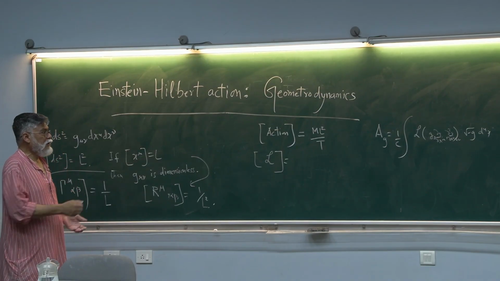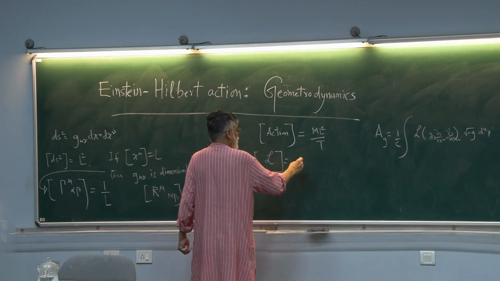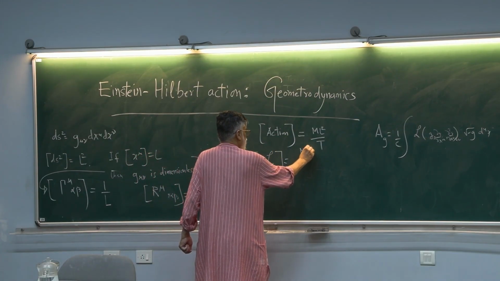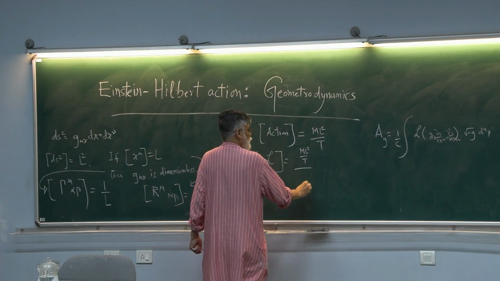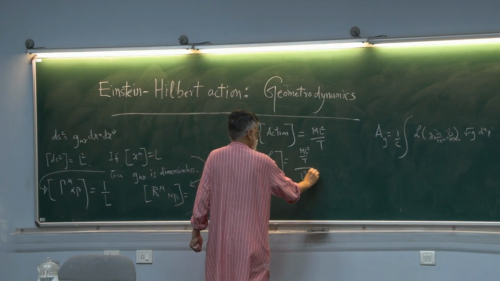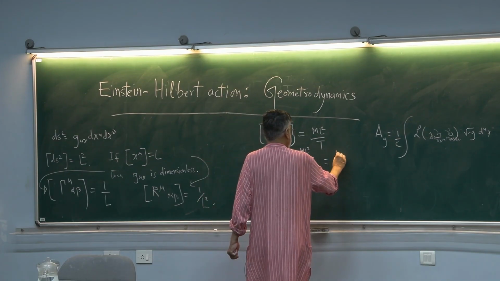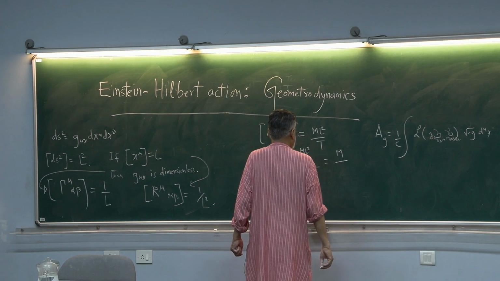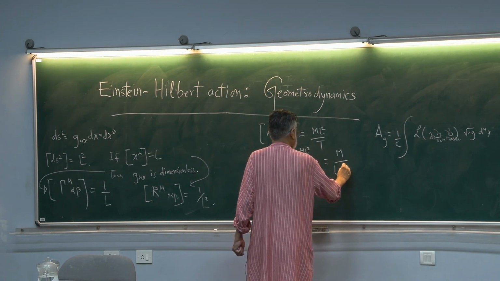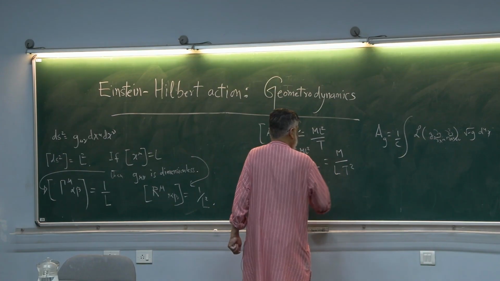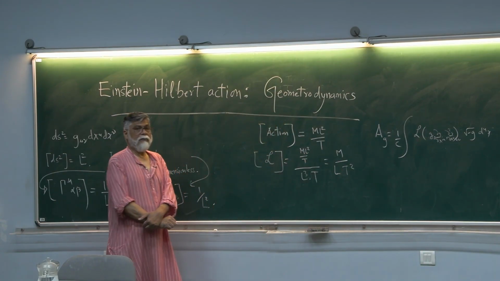Okay, L cube into T. So Lagrangian density must have the dimension of action divided by L cube into T, so m L square by T divided by L cube into T. So that is nothing but m by L T square. Lagrangian density must have the dimension m by L T square.